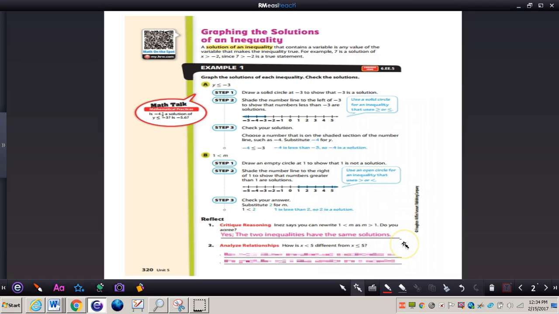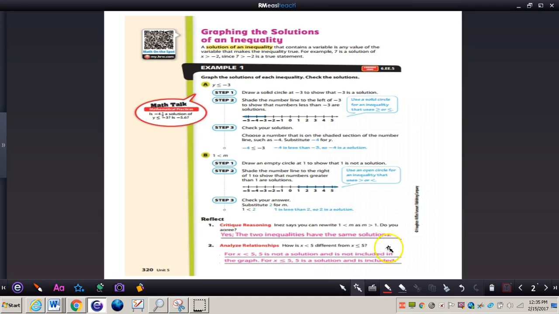So let's take a look at analyzing the relationship for x is less than 5. How is it different from x is equal to or less than 5? We can just hear it even in the way we say it, but we can see for x less than 5, 5 is not a solution, and it would not be included in the graph.